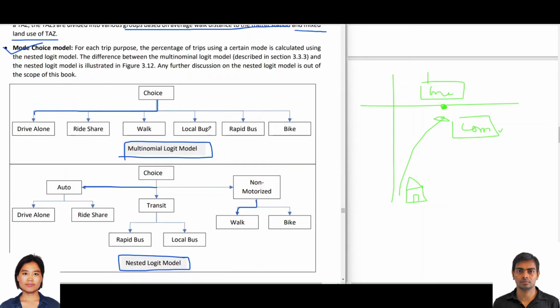It's different from the multinomial logit model, and these are complex equations. So any further discussion on the nested logit model is out of scope of this book. We are not going to discuss or even touch it. This is way too theoretical to be a part of this video or book. Just remember that there is the multinomial logit model on which most of the mode choice is taught in school, and in practice the nested logit model is typically used.